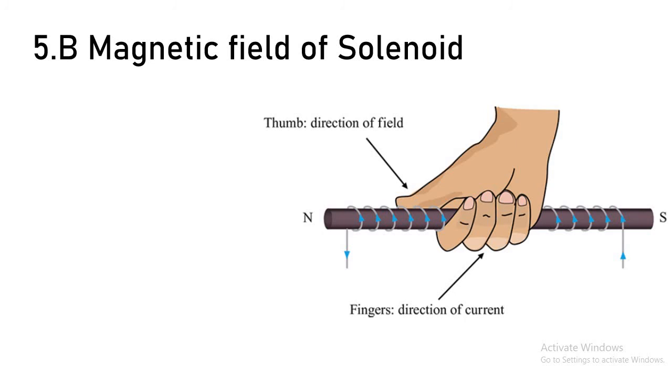It means we knew the direction of field, we knew which is N pole and which is S pole. So we pointed our thumb towards the N pole. It means we aligned our thumb in the direction of the magnetic field, and we curved our remaining fingers in such a fashion that the nails are towards my face. So this particular curve of my fingers is going in the upward direction. So it gives me the idea that every turn of the coil is carrying current in the upward direction.